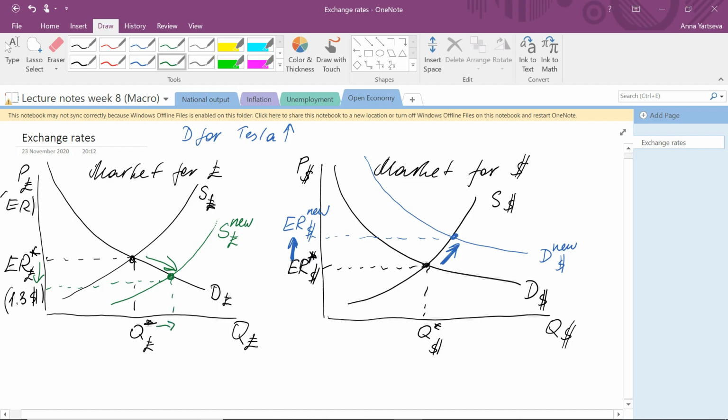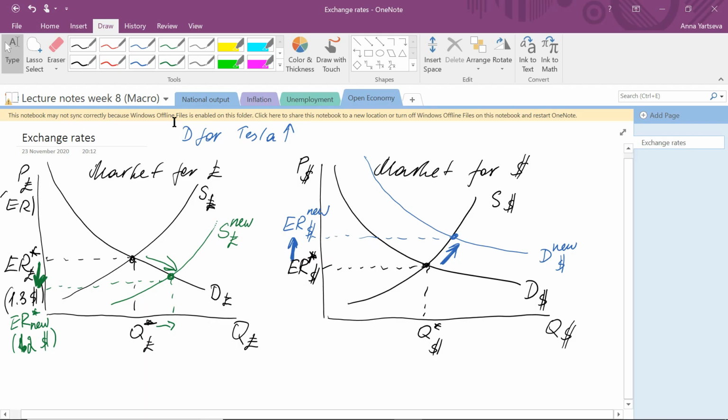There will be a high amount of pounds sold in the market, and because the huge number of pounds floods the market, the exchange rate of a pound will drop. Eventually our new equilibrium will be a new value, let's say $1.2 per pound rather than 1.3. Each pound will be able to buy fewer dollars because there is additional supply of pounds in the market and additional demand for dollars.